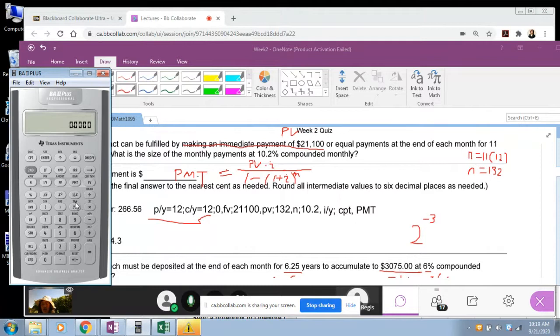So I'm going to write down 2, then I press the y^x button here, raise to power. And then because it is a negative number, I need to press the left bracket, and then I type in number 3, negative, closing bracket, and I press the equal sign.